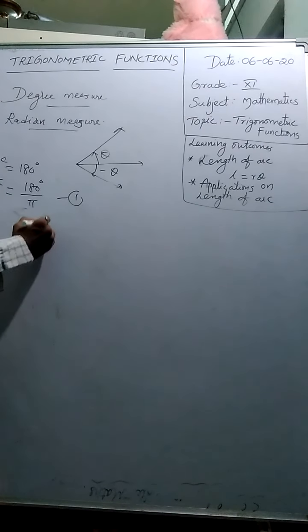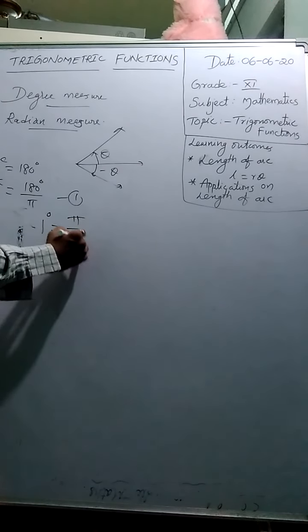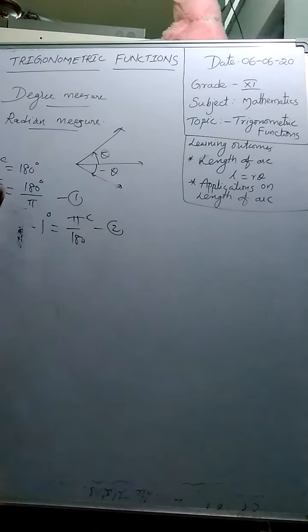When we convert radians to degrees, we will use this relation. 1 degree we can write as pi radians by 180. While converting degrees to radians, we will use this relation by multiplying with the appropriate value.